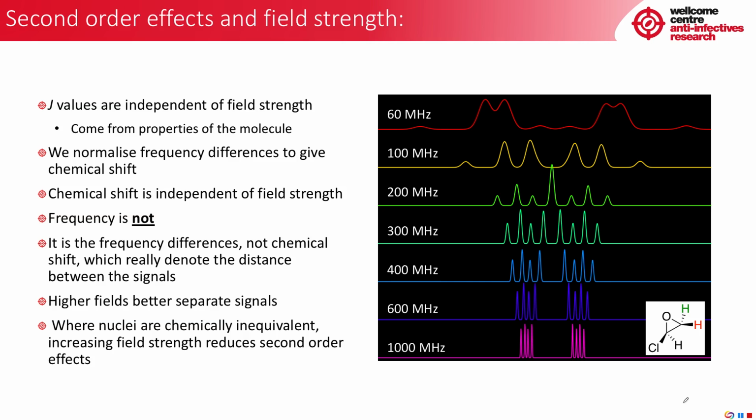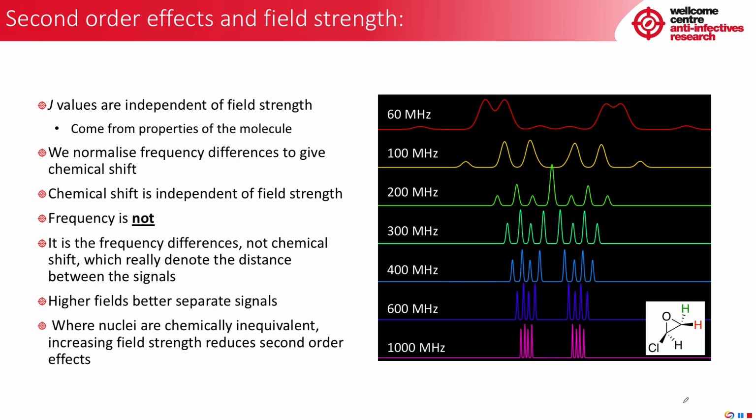The effect of this in terms of what you practically see is that your signals are narrower in chemical shift terms on higher field spectrometers. And so the frequency differences between signals are larger, but the J values are the same.